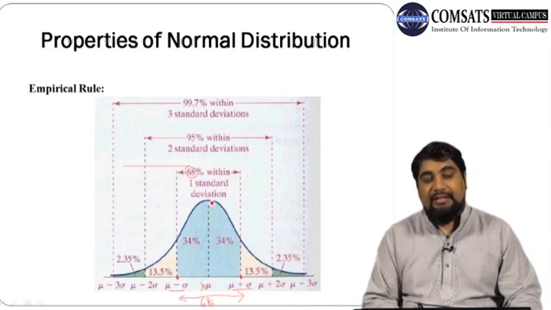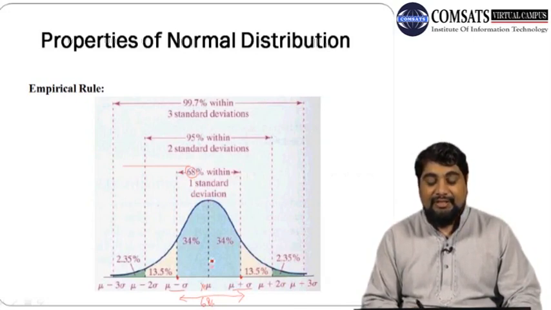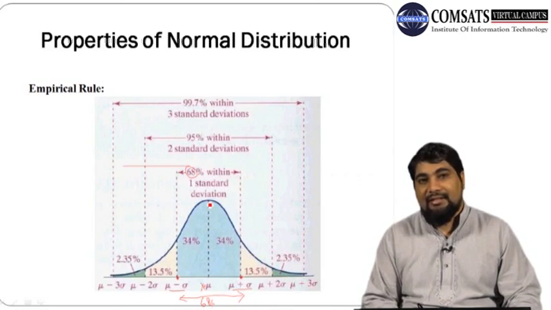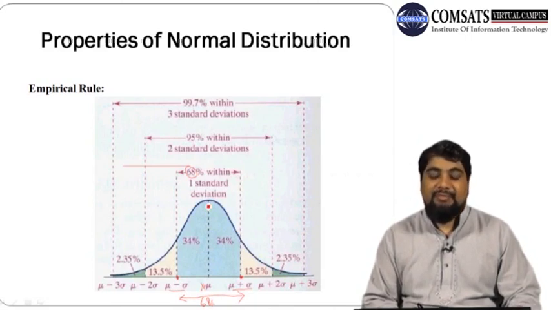Since the normal distribution is symmetric, this middle line, this vertical line at the middle, divides the area into two equal parts.